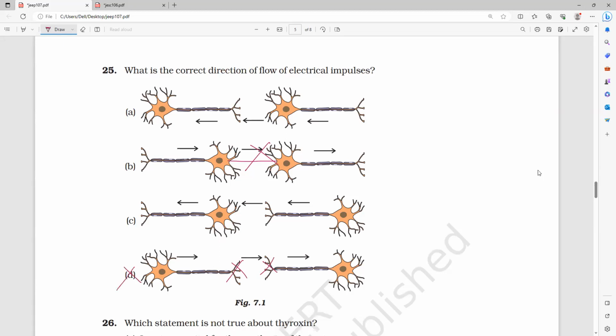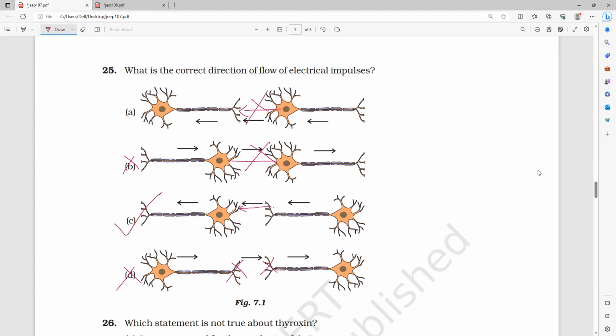So this is also wrong. Option D and option B I can strike out. Option A and option C remain. Why is option A wrong? Option A is going from dendrite to nerve ending. Is it right? Wrong. For us, it should go from the nerve ending to the dendrite of the second one. So option C is the correct one.